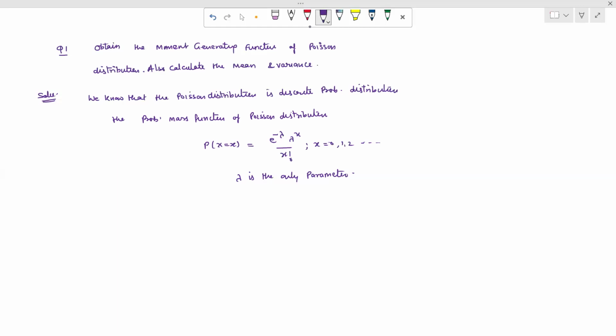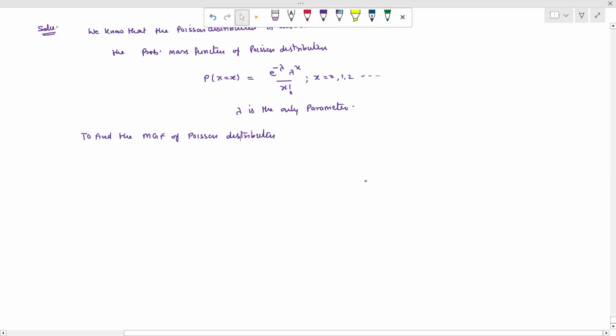Now, to find the moment generating function MGF of Poisson distribution, we know that the Poisson distribution is a discrete probability distribution, so we use the summation.